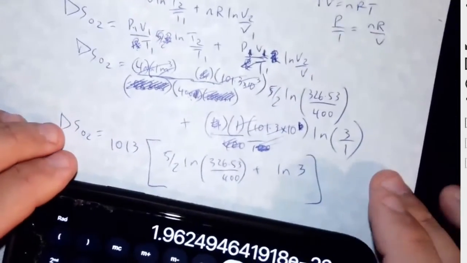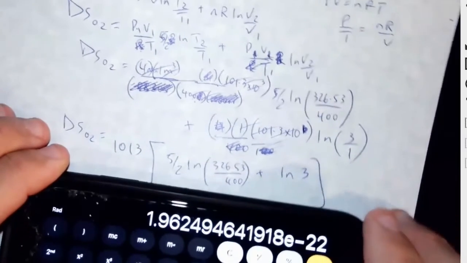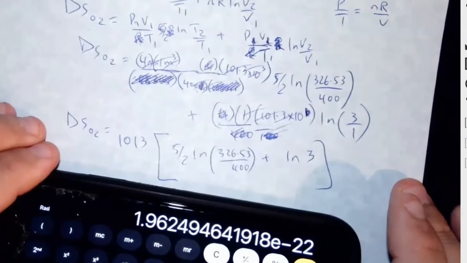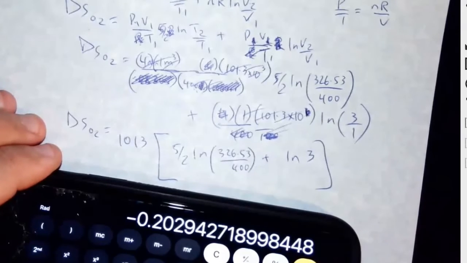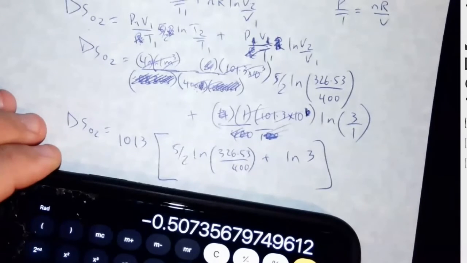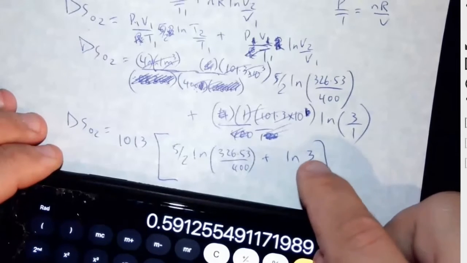Ooh, so you think the oxygen lost entropy? It could be that this is bigger negative than that. No, this is still bigger.